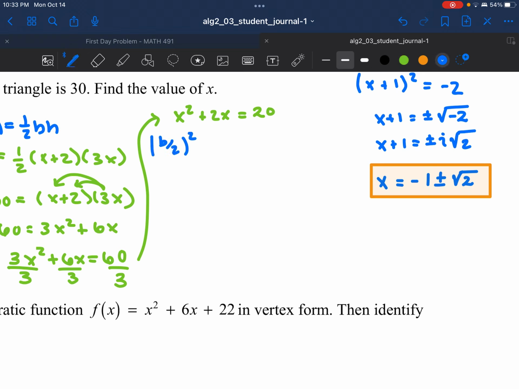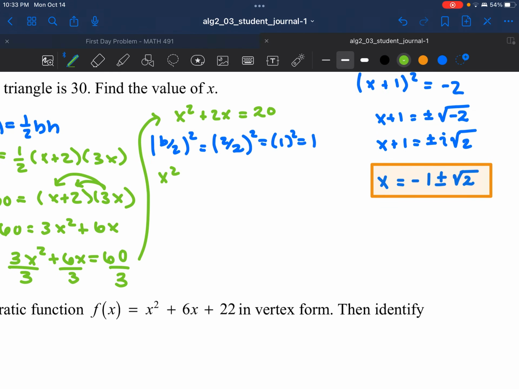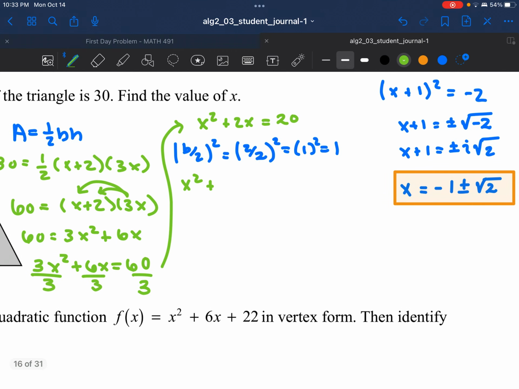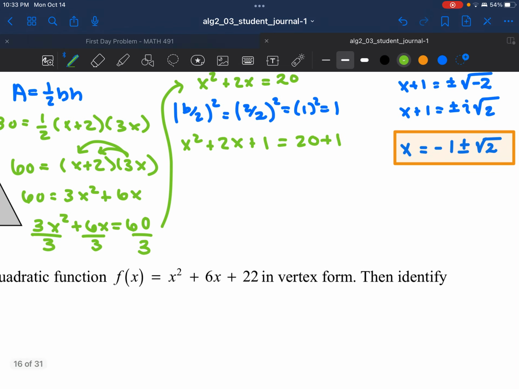Then we're going to go ahead and do b over 2 squared, which is 2 over 2 squared, which is 1 squared, which is 1. Okay. Then we can say x squared plus 2x plus 1 equals 20 plus 1.